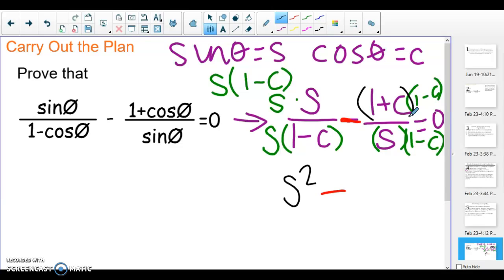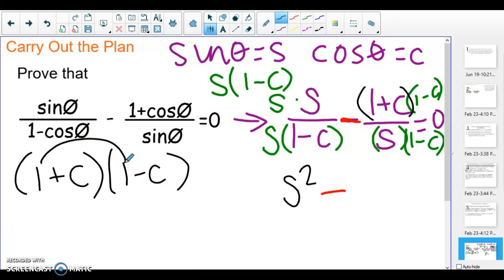So again, think back to my algebra skills and think, okay, what happens? What is that called when I have 1 plus something and then 1 minus something as well? It's a difference of squares, and so if I were to multiply that out, 1 plus C times 1 minus C, you will see that 1 times 1 is 1, but then when you do your inside and your outside, I get plus C minus C, depending on the order you do it, but we know by which property that order doesn't matter.